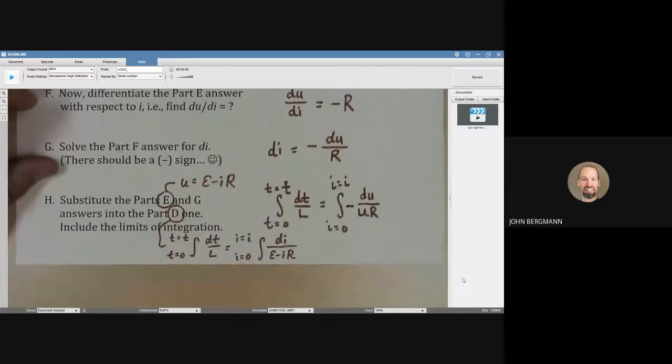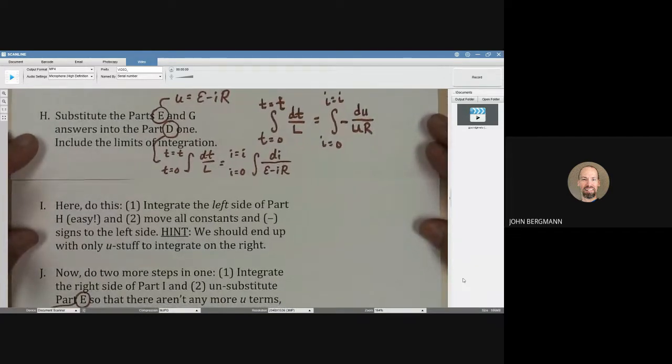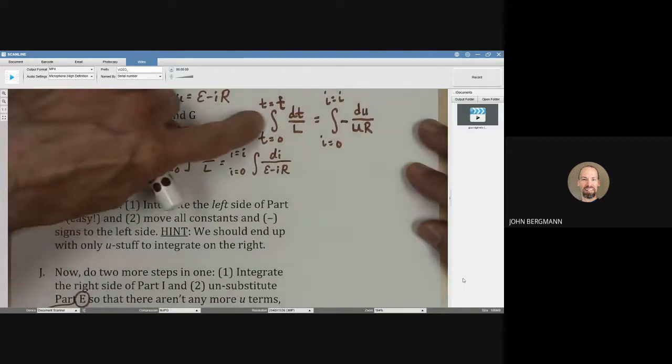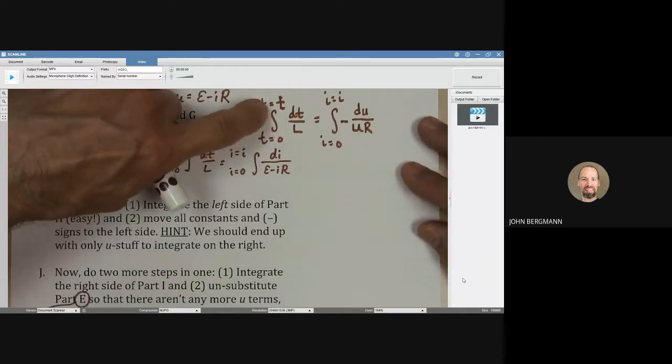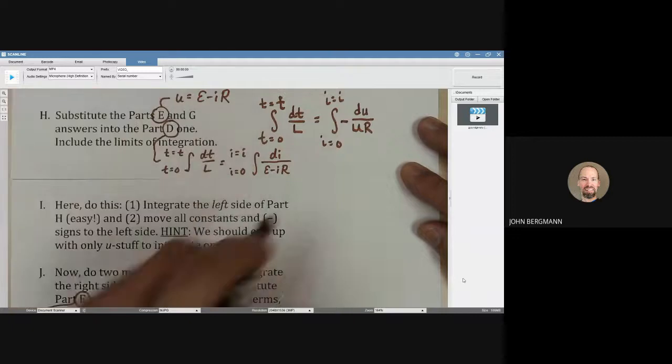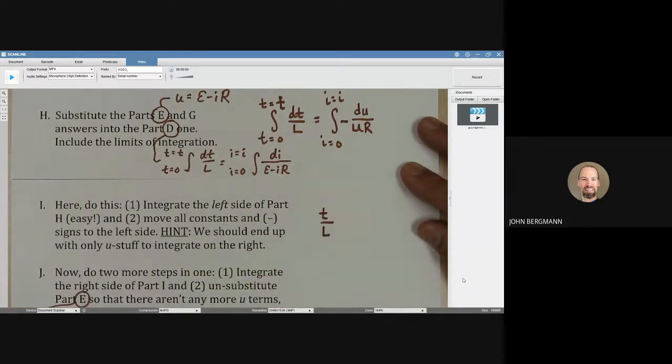Moving right along. Now we're going to integrate the left side of this equation that we wrote. Let's do that right now. That's real easy, isn't it? When we integrate that with respect to time and put in the limits, that ends up as just being t over L. So that was easy. Then we're going to move all the constants and the negative sign to the left side.